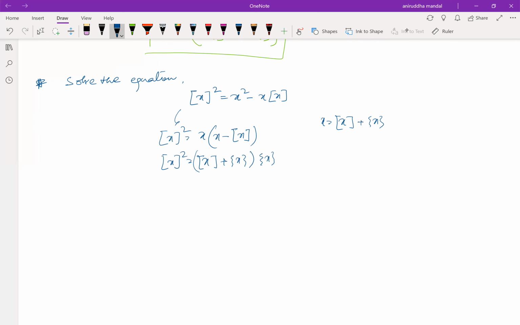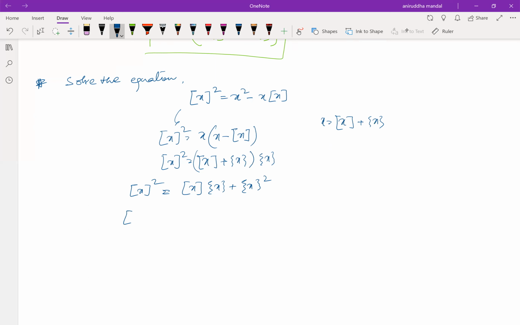So we multiply this out, and we make this a quadratic equation.